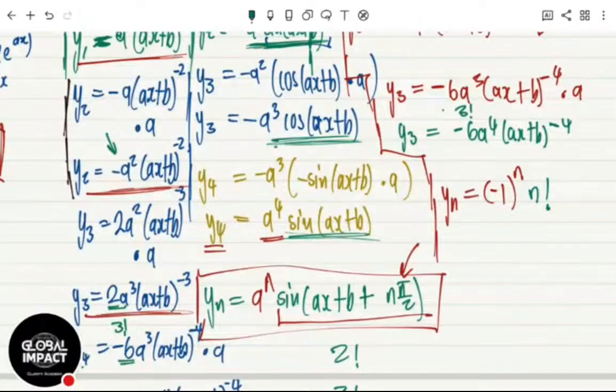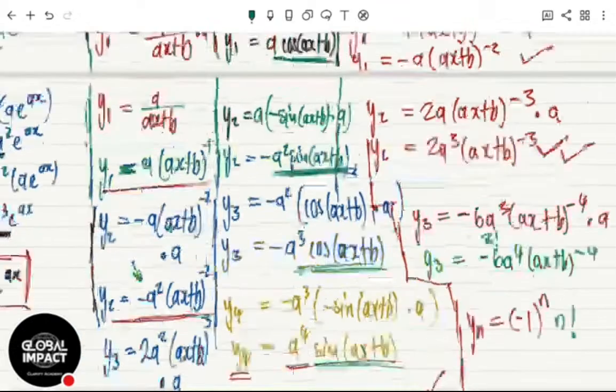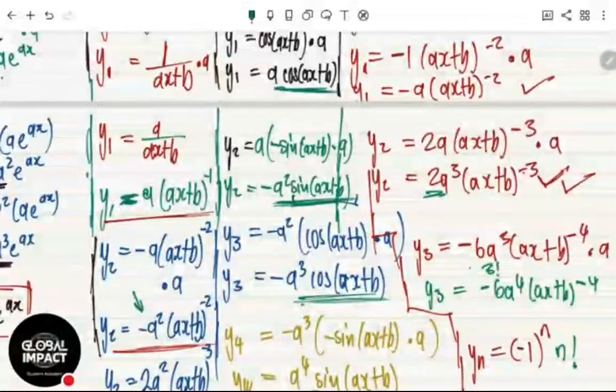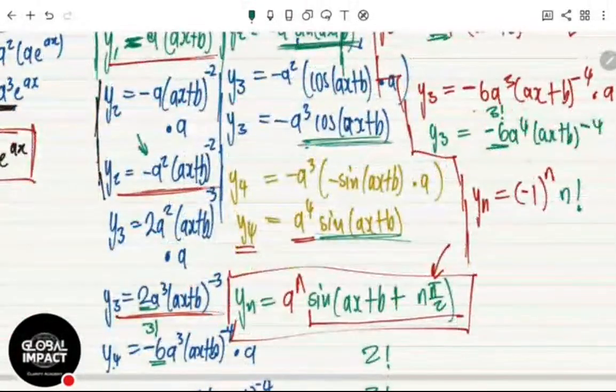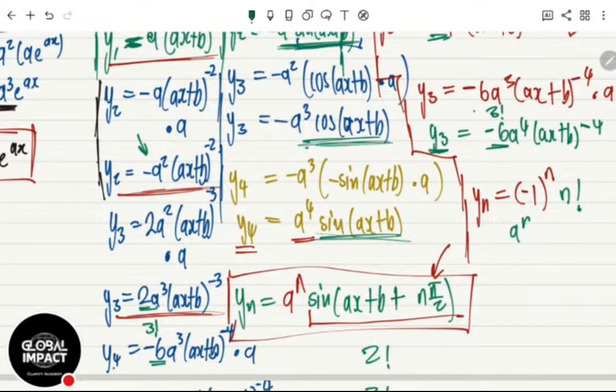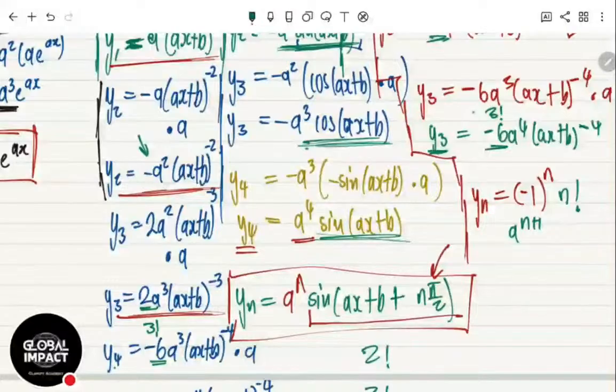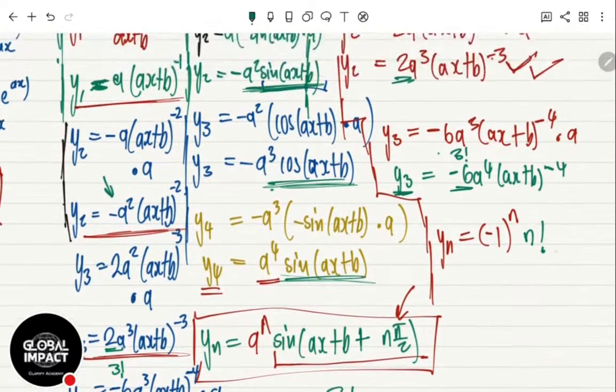Then we have seen the factorial come from 2 to 6. That's a factorial. Then we have a to the 4 for y3. y3 has a to the 4. So we're going to have a to the n plus 1.